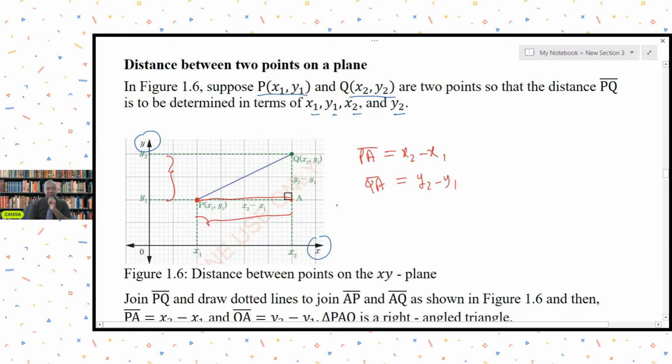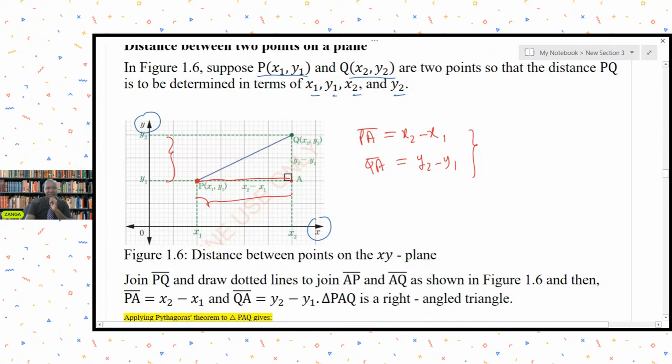So as we have seen, PQ can be determined by using point PA and point QA, and actually line segment QA. From here, we are going to use the Pythagorean theorem to determine distance PQ.